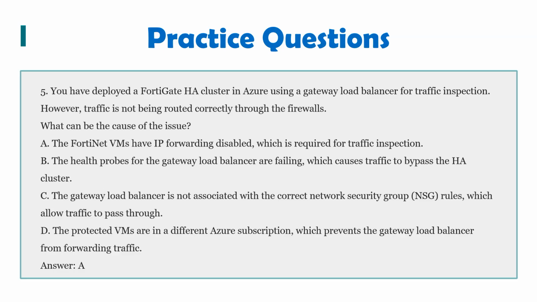B. The health probes for the gateway load balancer are failing, which causes traffic to bypass the HA cluster. C. The gateway load balancer is not associated with the correct network security group, NSG, rules, which allow traffic to pass through. D. The protected VMs are in a different Azure subscription, which prevents the gateway load balancer from forwarding traffic. Answer: A.